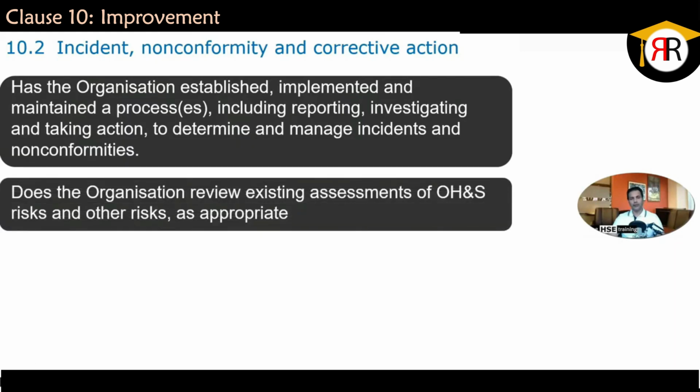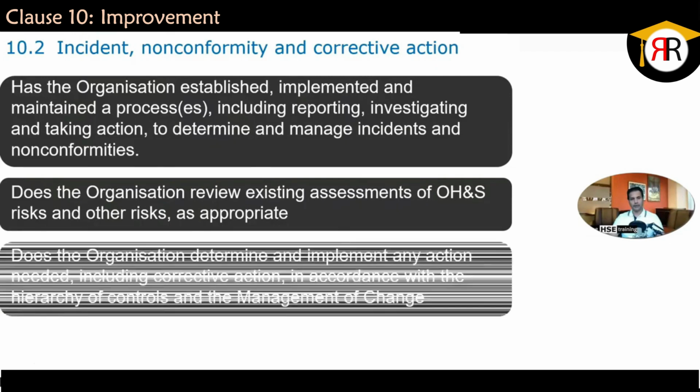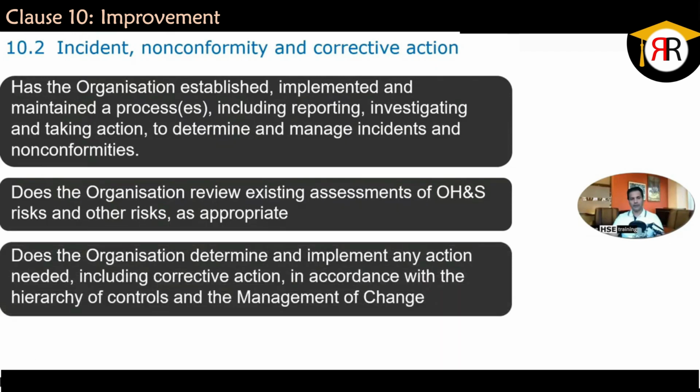And does the organisation review existing assessments of OHS risks and other risks as appropriate? Does the organisation determine and implement any actions needed, including corrective actions, in accordance with the hierarchy of controls and the management of change? You may recall we discussed the hierarchy of controls in clause 8, and it's always worthwhile flicking back to that if you want to recap.